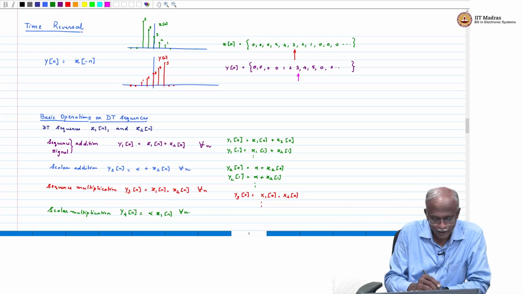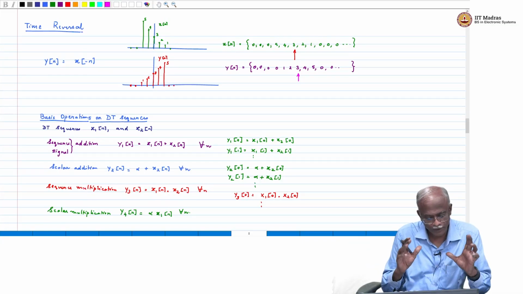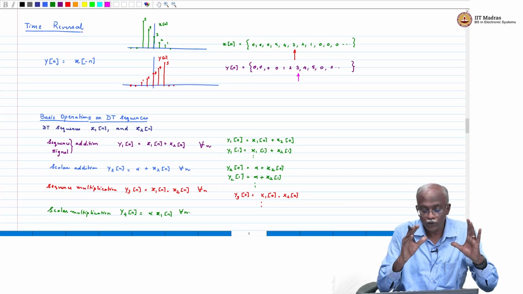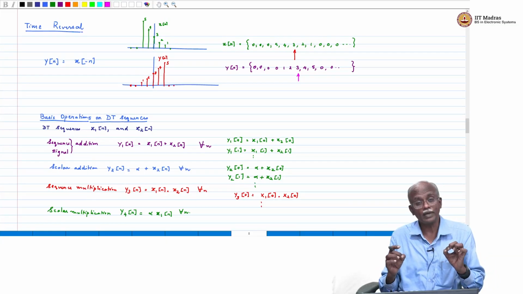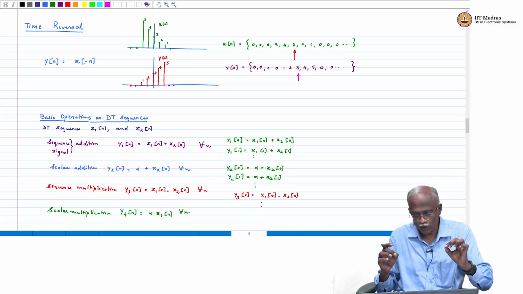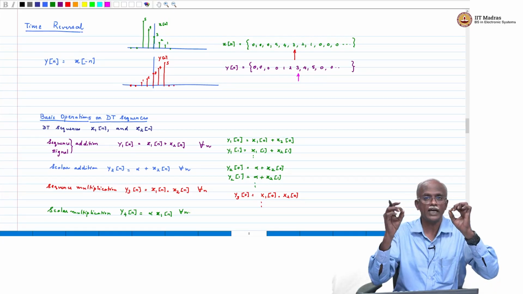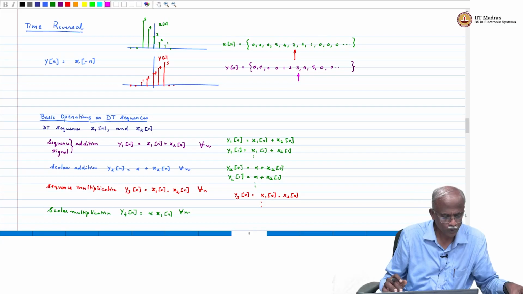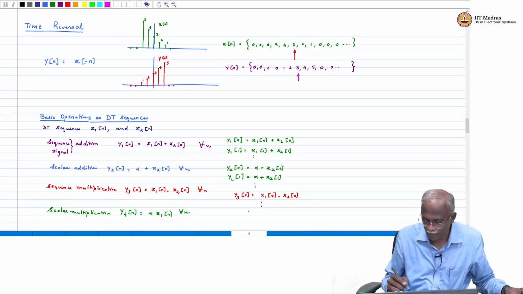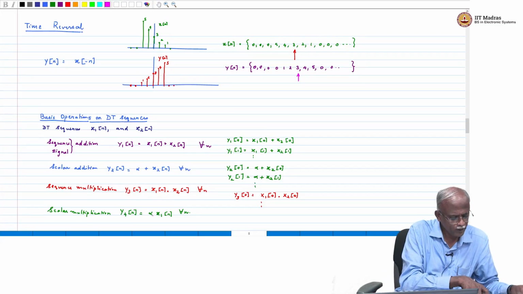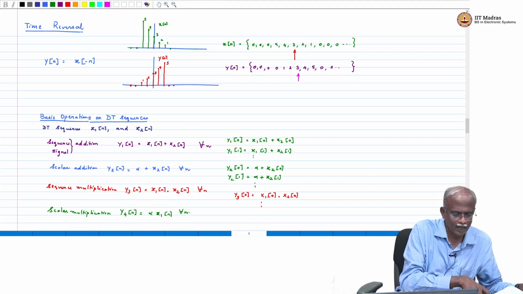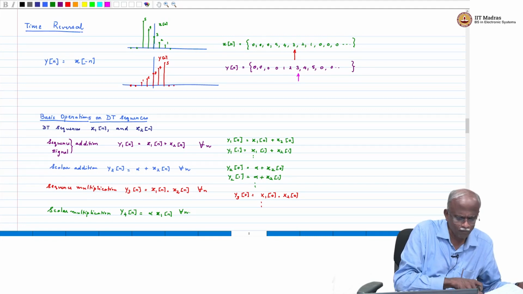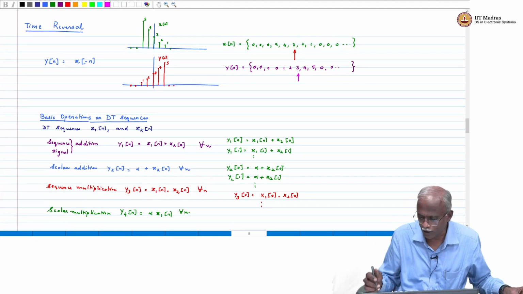So you can do sequence addition or sequence multiplication. You can also do scalar addition and scalar multiplication. Scalar addition means that you are going to add the same scalar alpha to all of the samples. So it will be alpha plus x2. Or if you are going to multiply by a scalar value, then you will have a scalar value that multiplies all your samples.